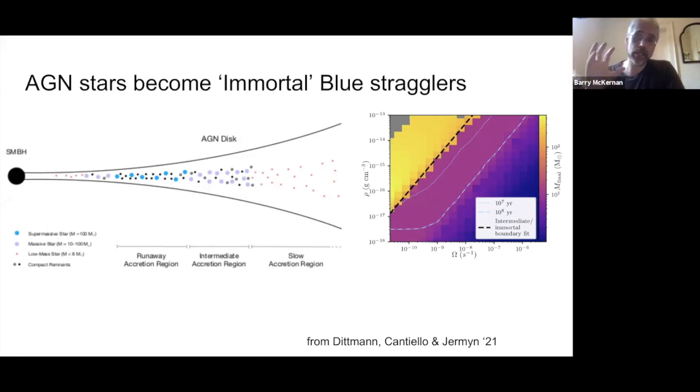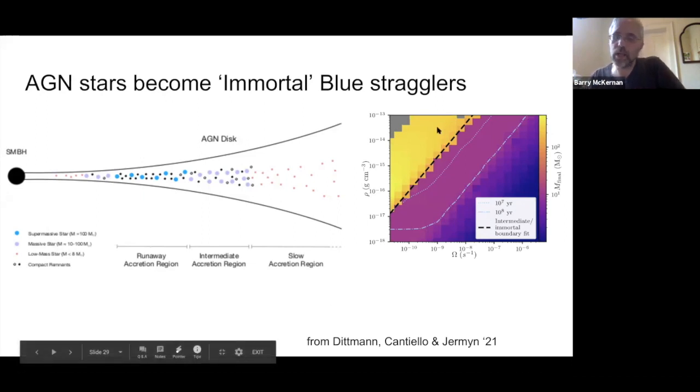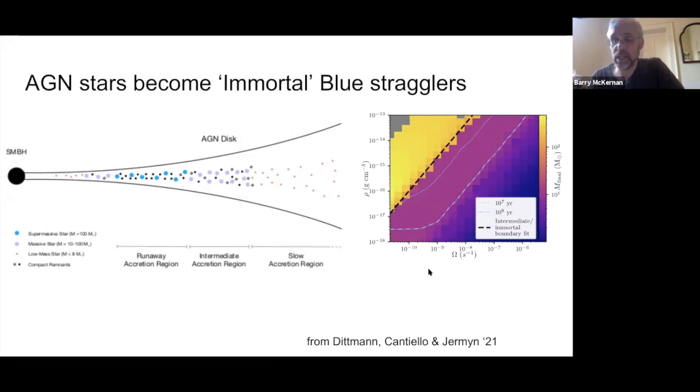You change the boundary conditions, the star accretes gas, and essentially you can grow the mass of the star, but there's enough hydrogen in it that it won't die. And so you can end up growing large, several hundred solar mass stars, depending on where you are in the AGN disk, which will affect the disk itself.